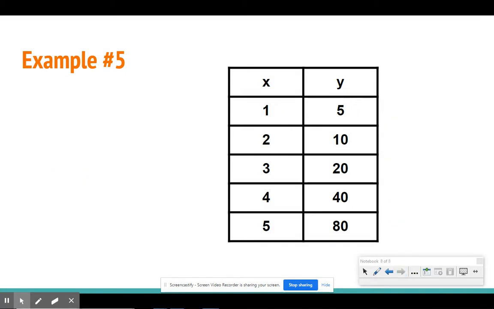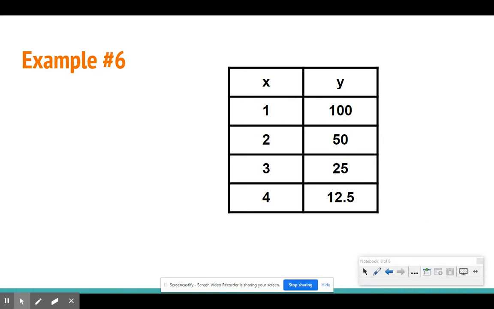Again, pause the video, take down the notes. This one is different than the others. Hopefully, you notice that we aren't multiplying. We're actually dividing by 2 every time.